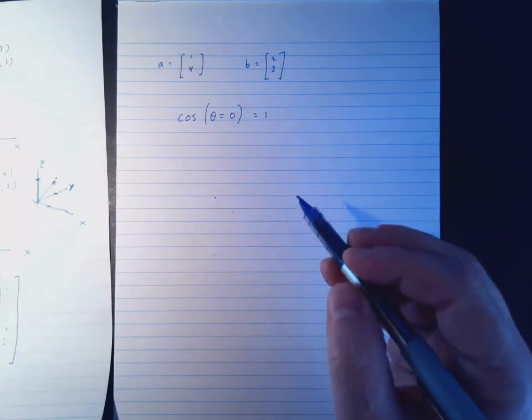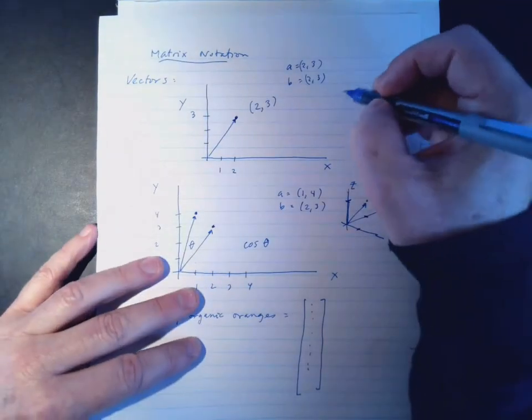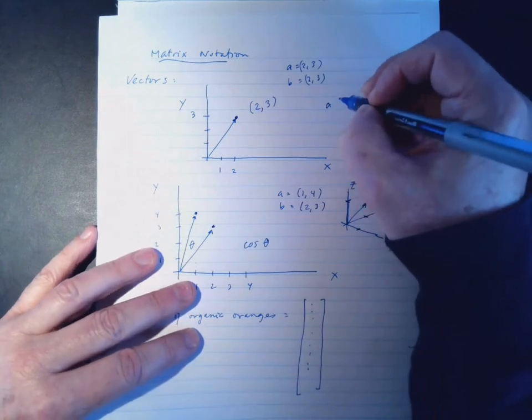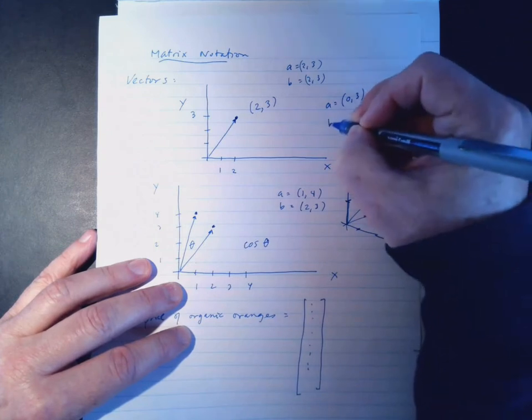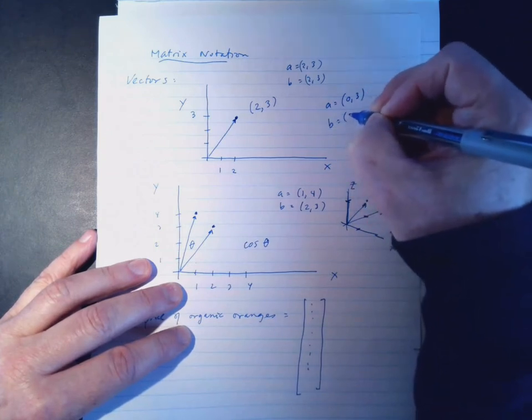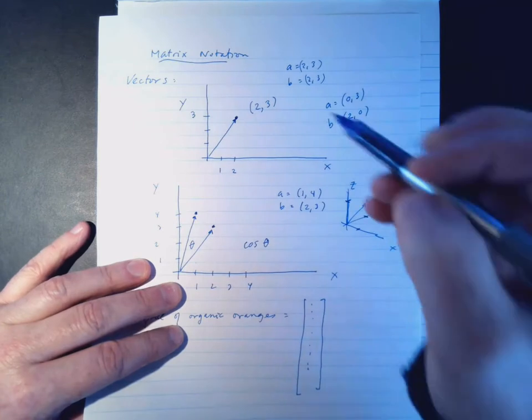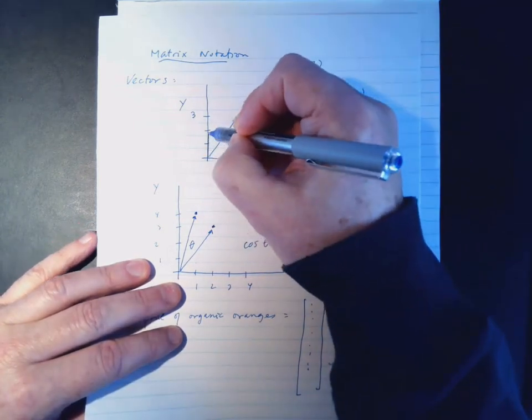Now, if the two vectors are, let's say, A equals 0, 3, and B equals 2, 0, well, now our vectors are right along the axes here.